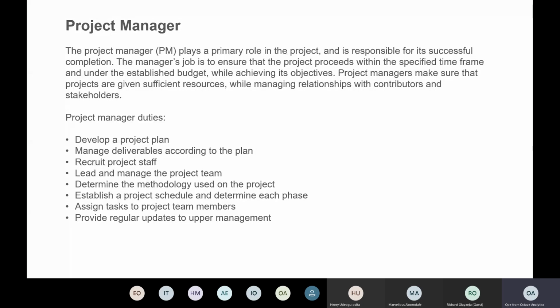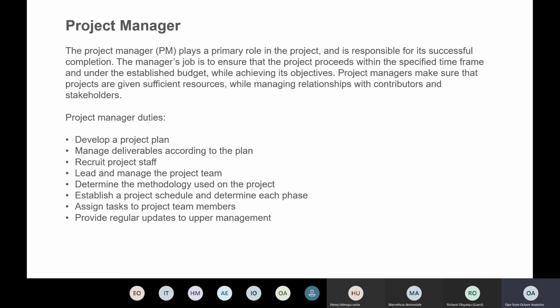So the project manager plays a primary role in the project. The success or failure of most projects depends largely on the project manager, because he manages the smooth running of every project.